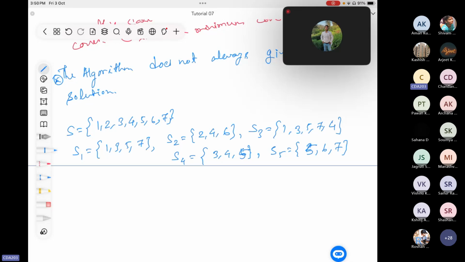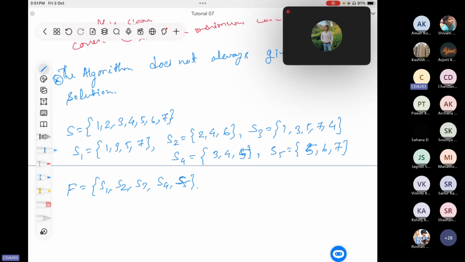So consider this family. In this problem, if you apply the greedy algorithm, what do we do?